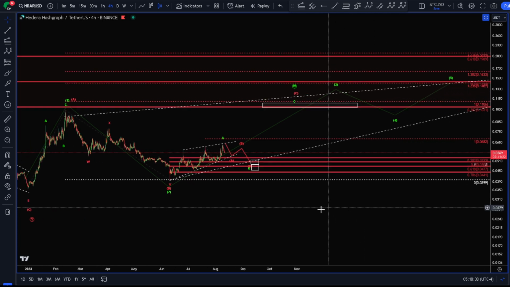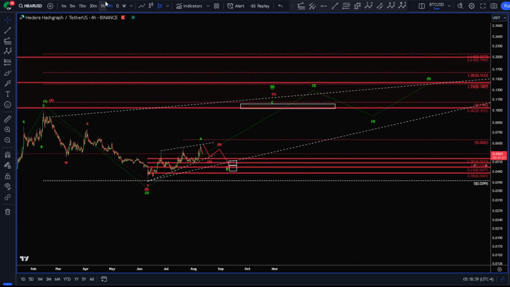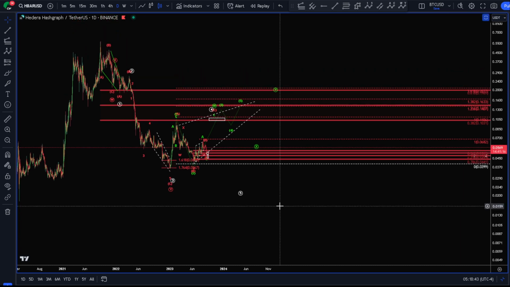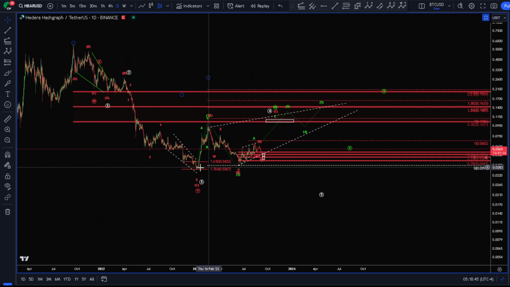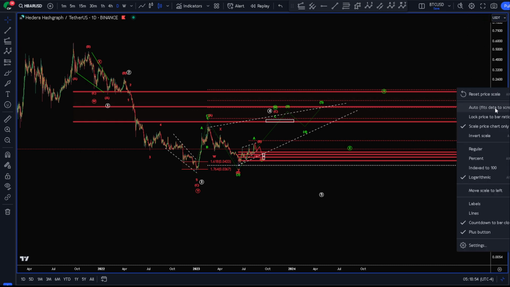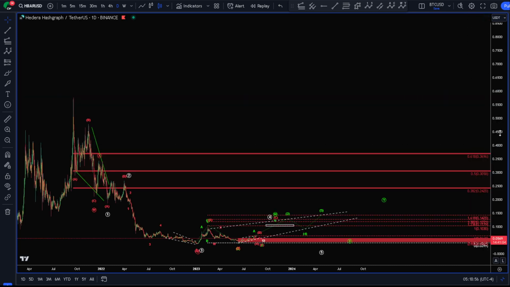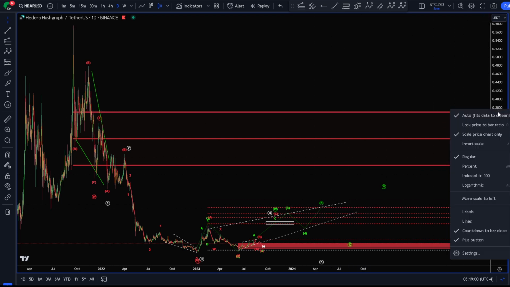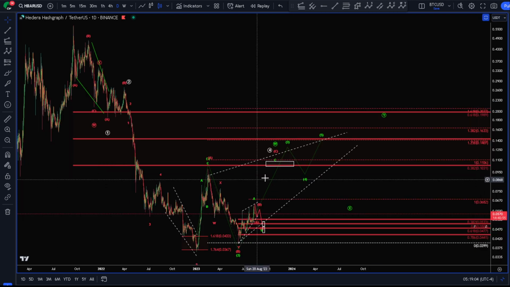And if this is a leading diagonal, which is my primary count right now, we would expect zigzag patterns up. ABC, ABC, ABC to the fifth. And on linear scale, we're targeting around 14 cents for that wave 1 to complete. And on log, it's pretty much the same thing.